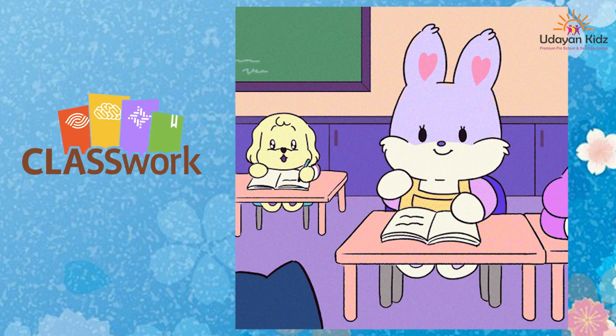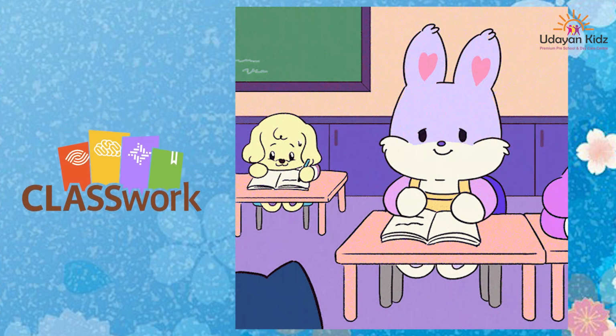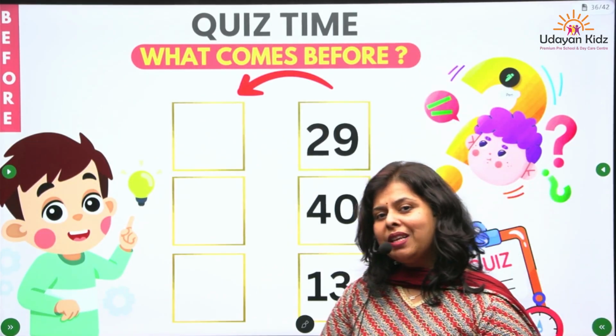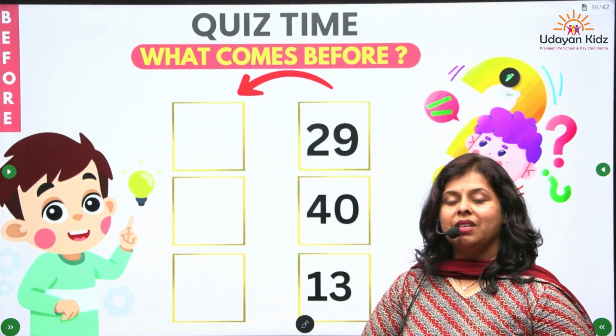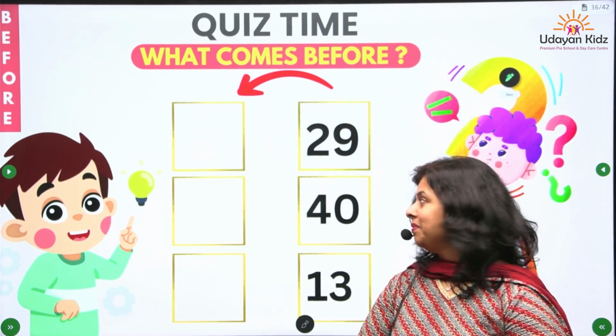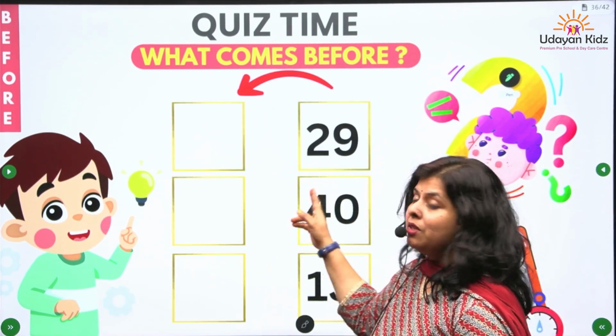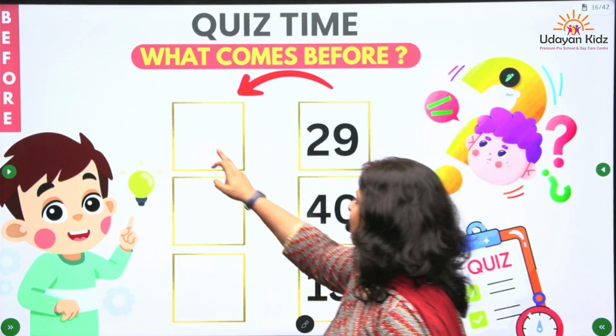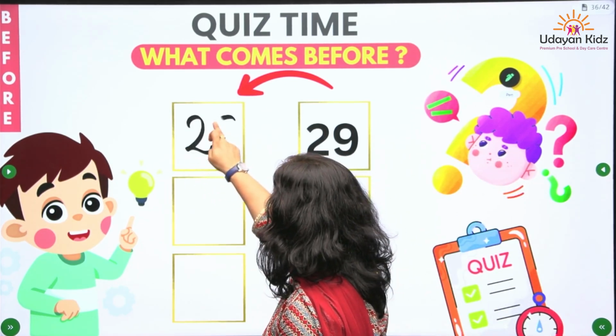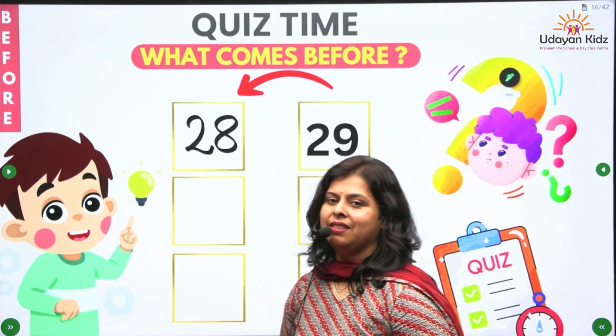Now it is classwork time. Let's solve the question. Now, it's quiz time. What comes before? Tell me. Very good. What comes before 29? Very good, children. 28.